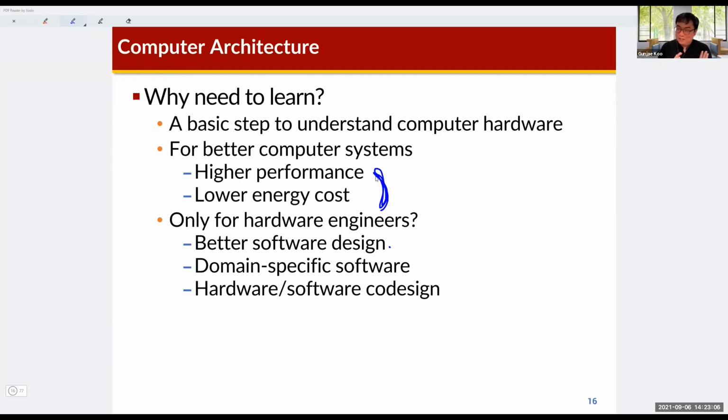The GPU is hardware, like domain-specific hardware. Also, hardware and software co-design is very important because computer systems are composed of hardware and software parts. It's very critical, so that's why this course is a mandatory course in the computer engineering department.